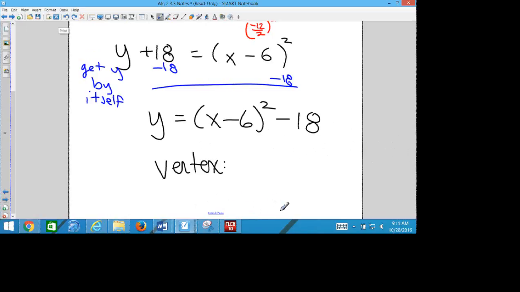So if I were going to graph this by hand, where would the vertex be located? At positive 6, negative 18. Remember, if it's in the parenthesis, it's opposite. So that says minus 6. Here, I write plus 6. But if it's outside the parenthesis, it's the same. So you write it in vertex form, then you write your vertex.